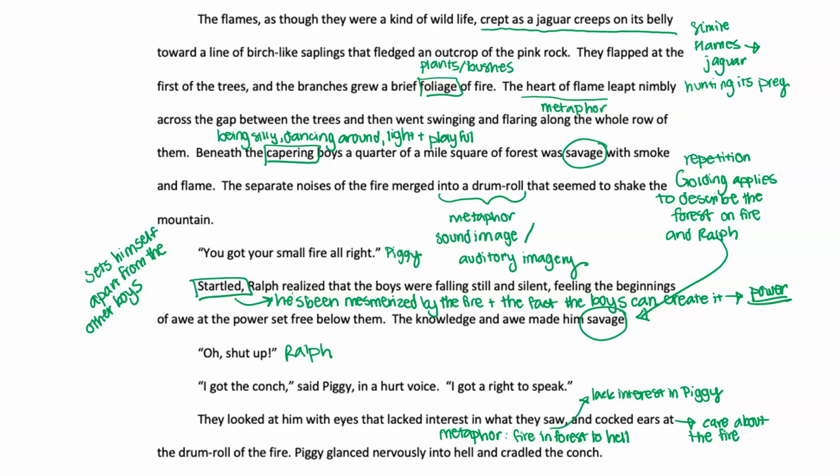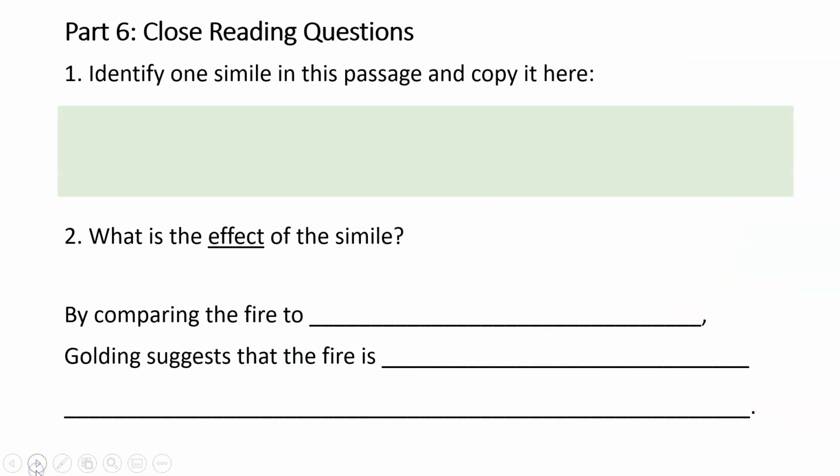And in fact, if it was not for the sake of time, there's more that we could go back and look at here. I think there's still so much more that we could squeeze out of this. But we are going to move on to part 6, which is some close reading questions. And this is what I'm going to be asking you to do on your own eventually. So first, identify one simile in this passage and copy it here.